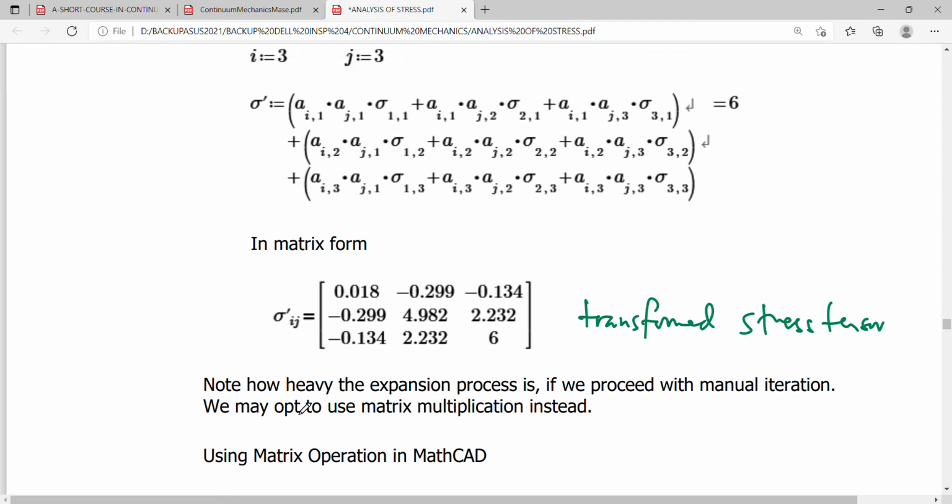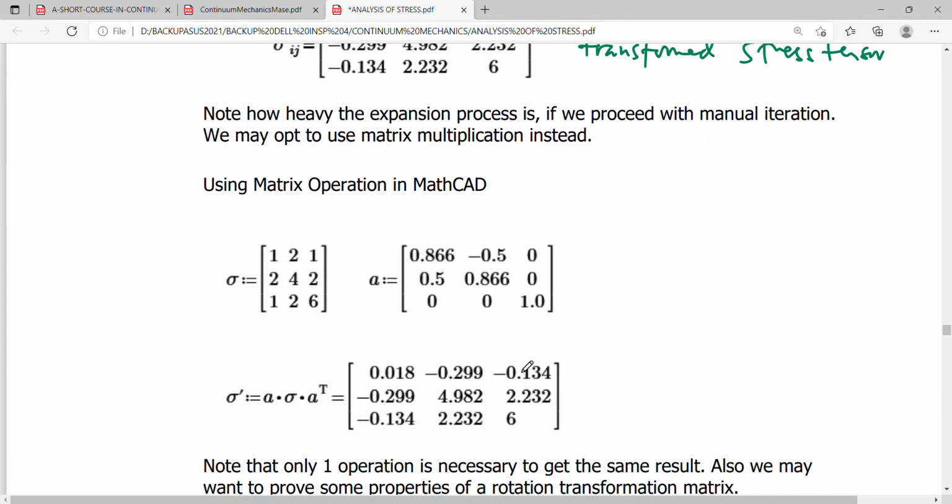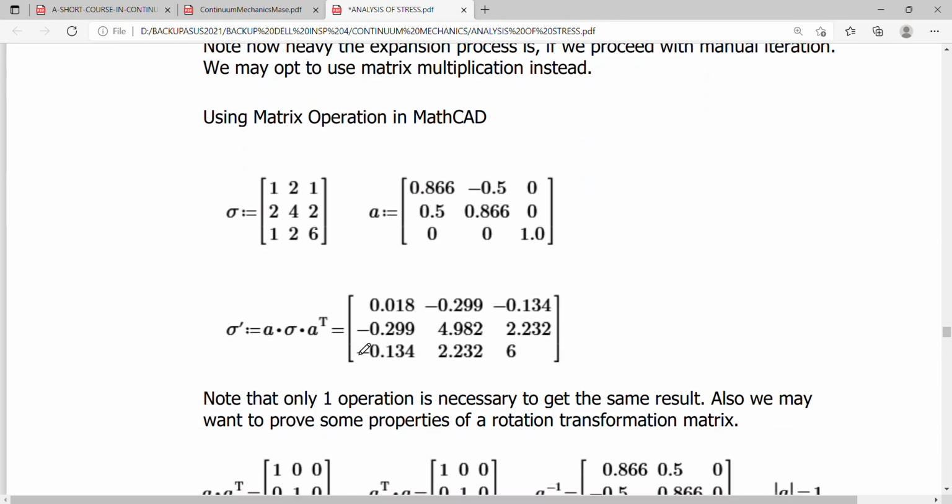Note that the expansion process is too heavy, and if you proceed with manual iteration, it will be much more heavier, no? So we may opt to use the matrix multiplication instead, and this is only a one row or one time operation.